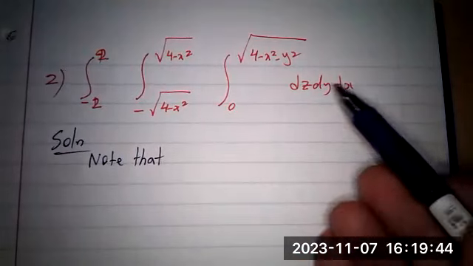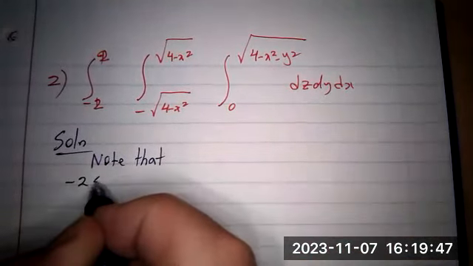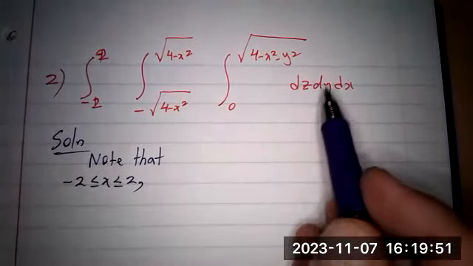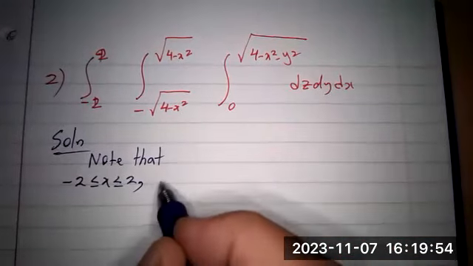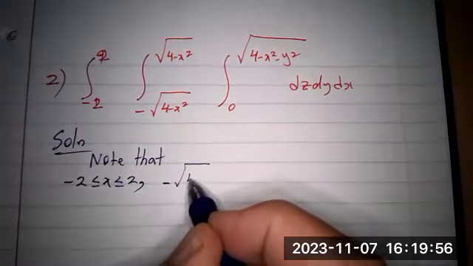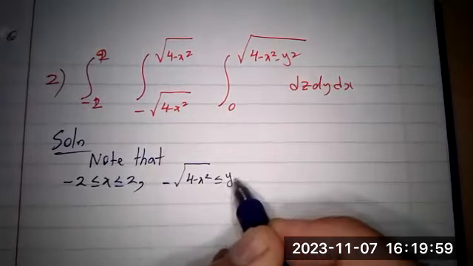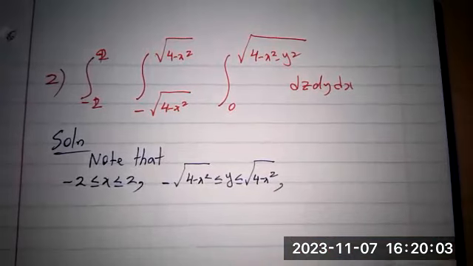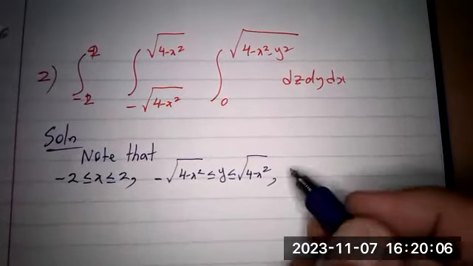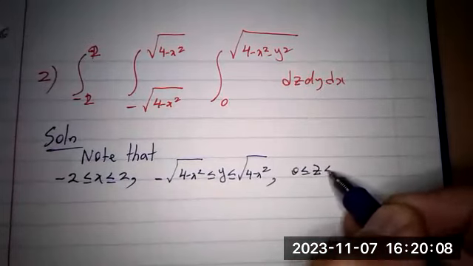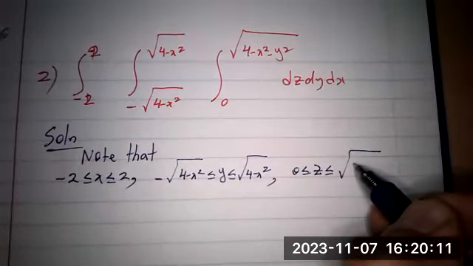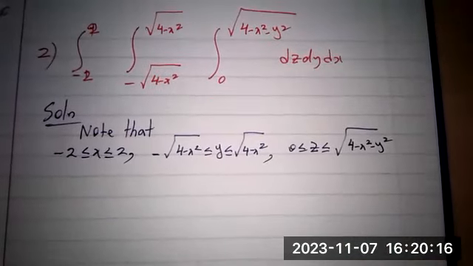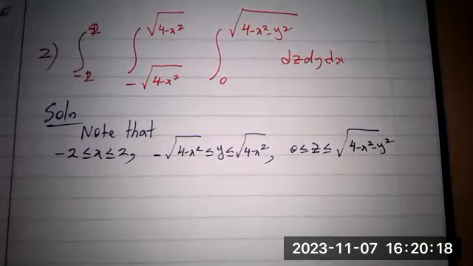Your x is between -2 and 2. The middle one is y this time, so your y is between negative and positive the square root of 4 minus x squared. And you have the z as well. Your z is between 0 and 4 minus x squared minus y squared. You see, the situation is a little bit different for this one.